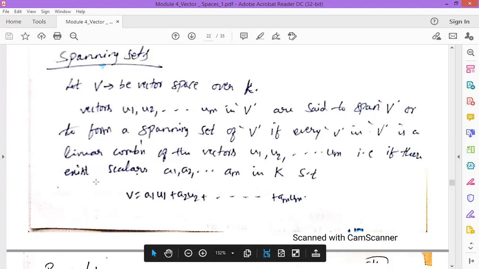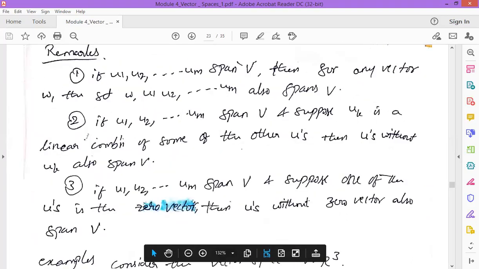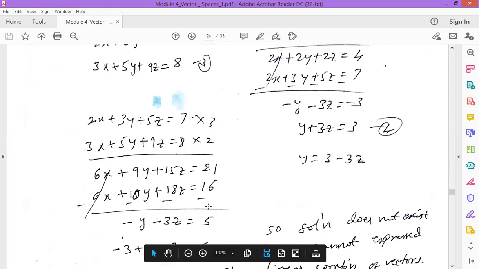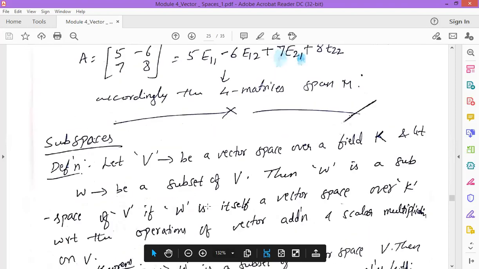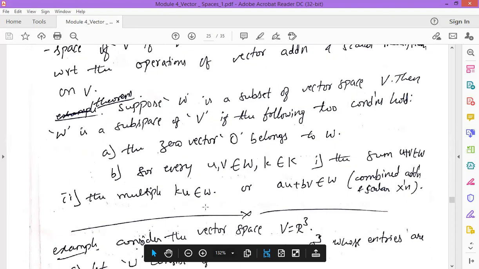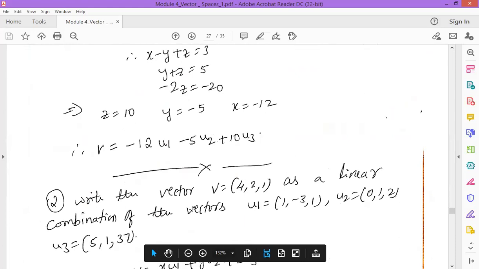That is, if there exist scalars a1 to am in K such that we can write the linear combination as v equals a1 u1 plus a2 u2 and so on. I'll only be highlighting the important things here. And next we'll take up subspaces. We have defined it; the same concept is going to be repeated.